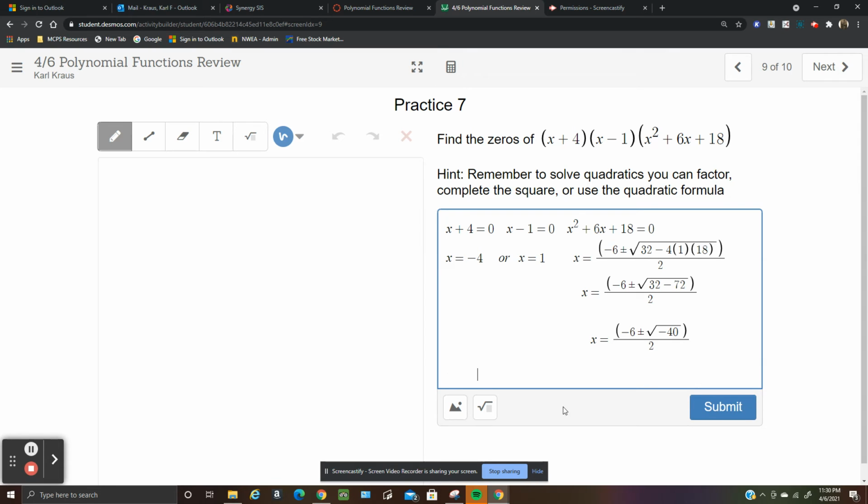I'll let you keep it that way. You can simplify radicals here, but I'm not going to require you to do that.